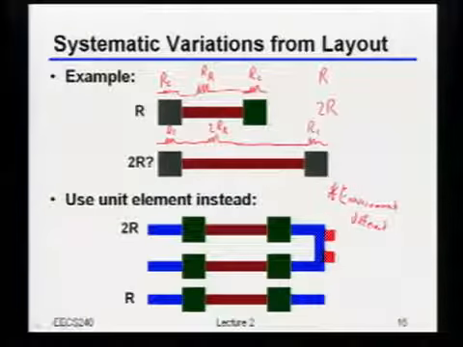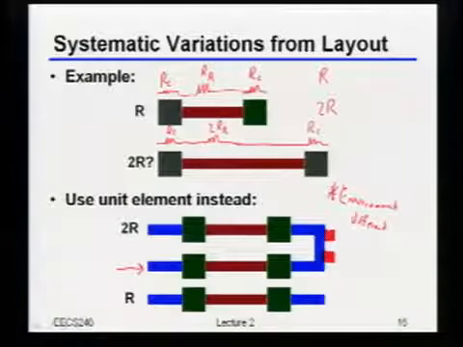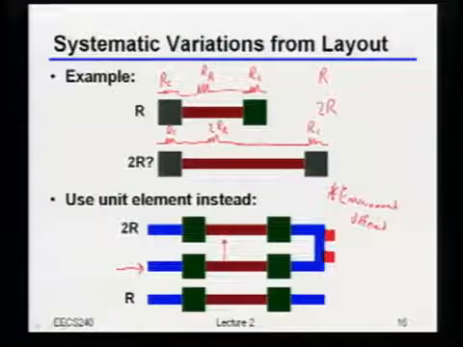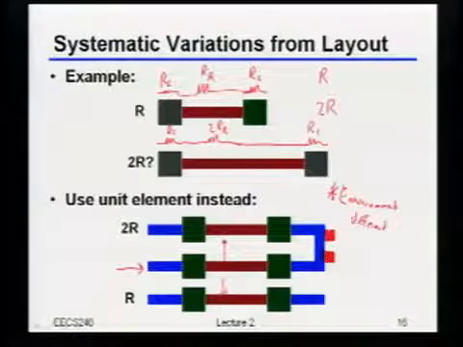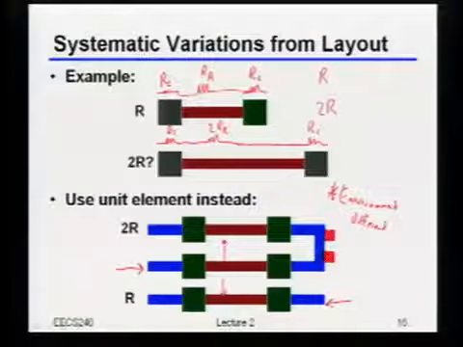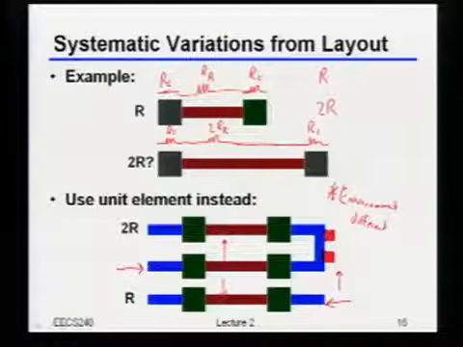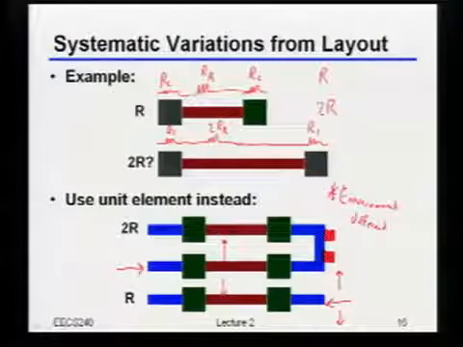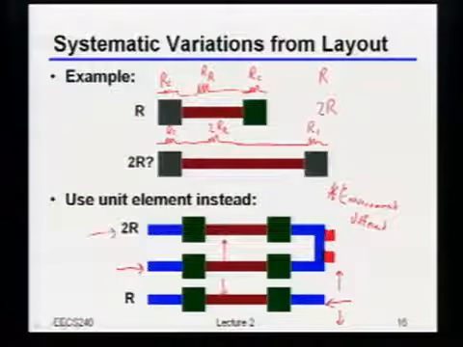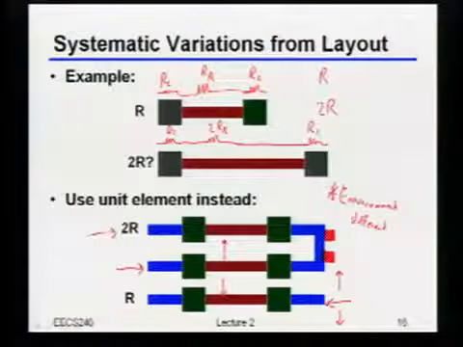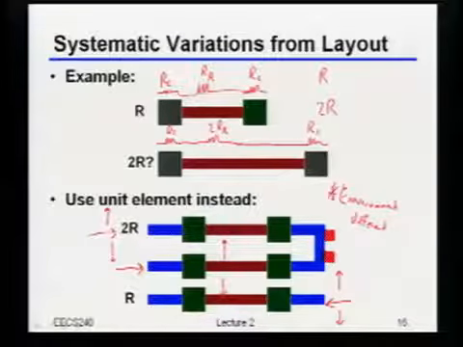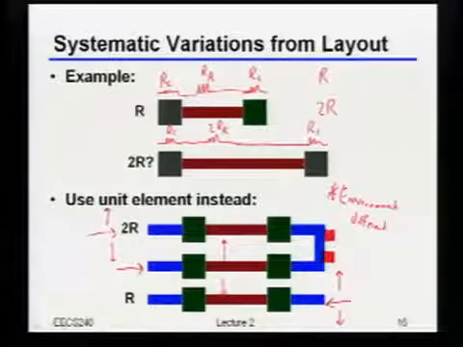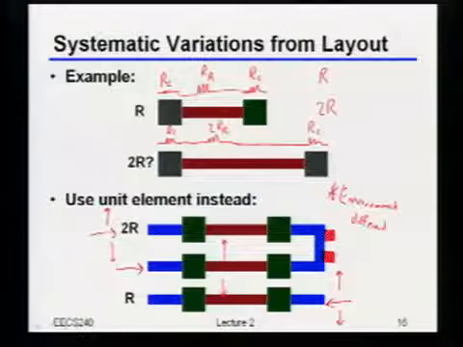So if I looked at this unit element, it has one resistance above it and one resistance below it. But if I look at this unit element, all it has is one resistance above it and nothing below it. In fact, this resistance up on the top has one thing below it and nothing above it. So I could argue that none of these three is actually exactly the same.